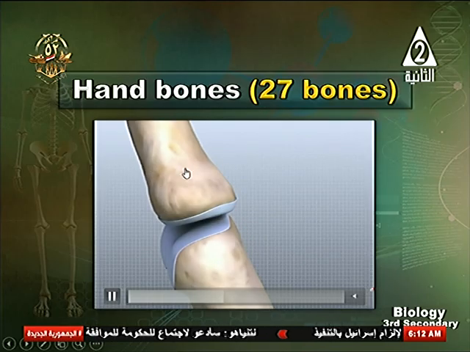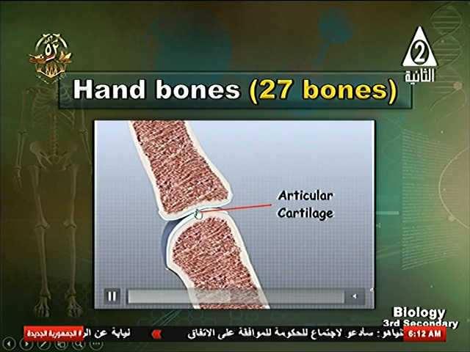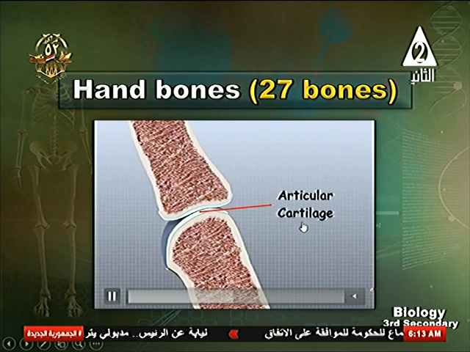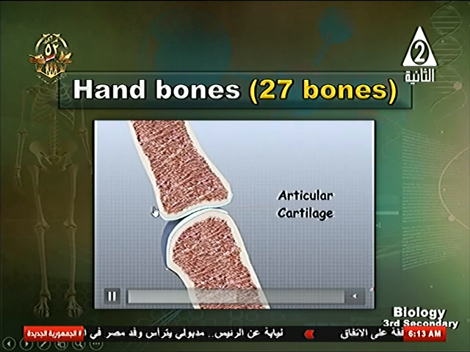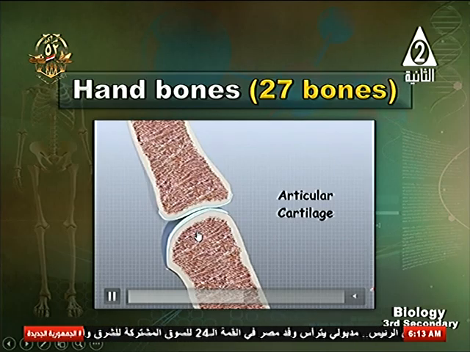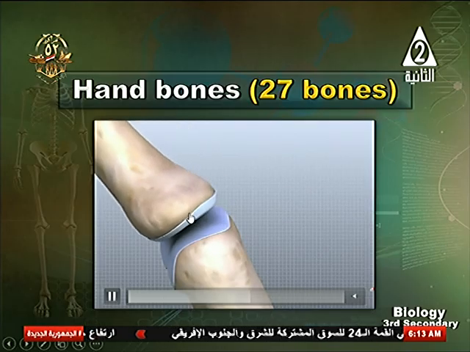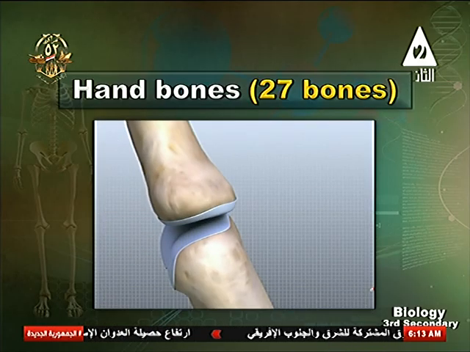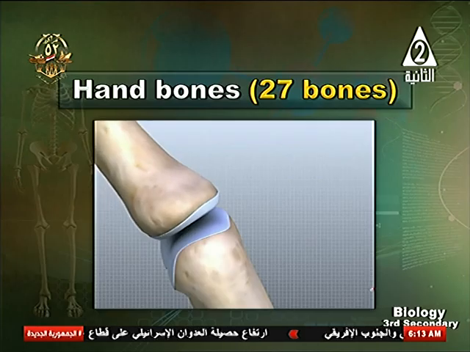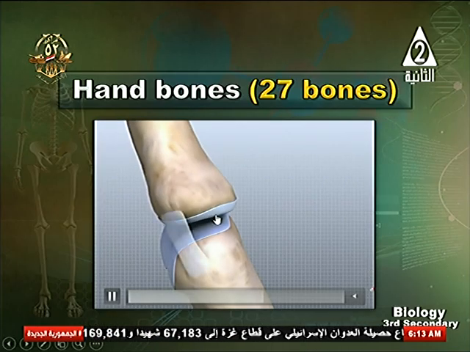But look here, this bone and this bone need ligaments to connect them, and also articular cartilage. It is very important. Articular cartilage is located between 2 bones to reduce friction between them, so it keeps the bones without damage. As you see, the articular cartilage protects the bones.